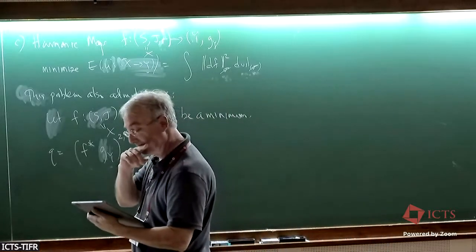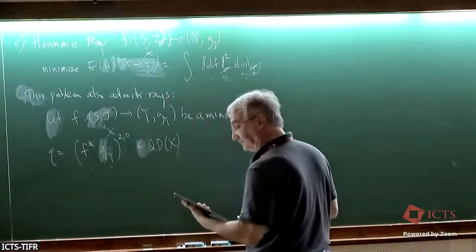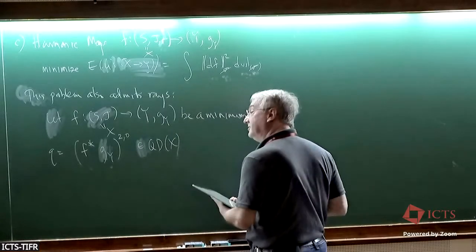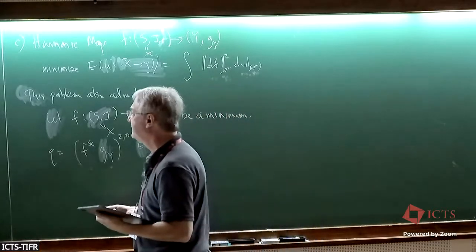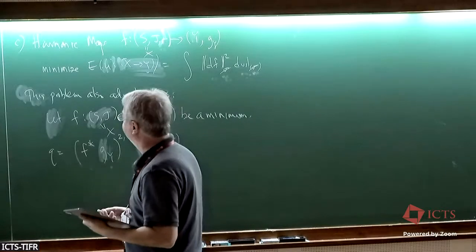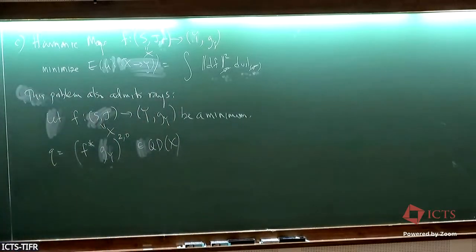Now I should tell you a few things about this quadratic differential. Of course, I made a big deal over here about saying that there was a picture associated to a quadratic differential, and the picture has something to do with the geometry of the map that induced it. Right? These gave the stretch directions of the Teichmuller map.